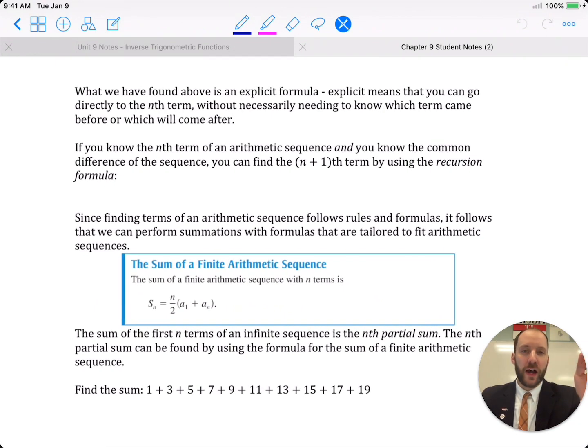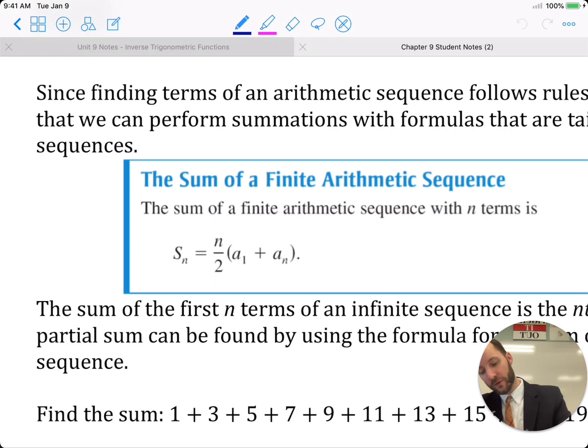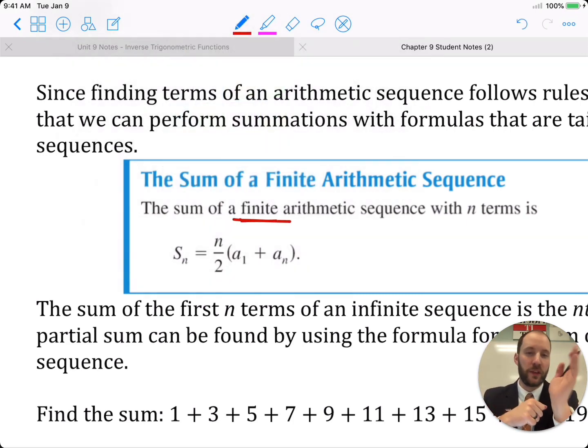So if you can find any term you want and all the terms in between the first and that, you could add them up, get the sum of a finite arithmetic series. Now we only do sums of finite, from this term to that term, because if you were to find the sum of an arithmetic infinite sequence, you wouldn't really have an answer because you're always adding the same amount.